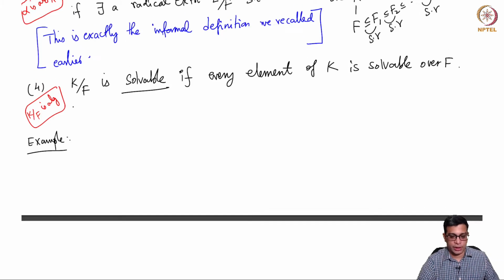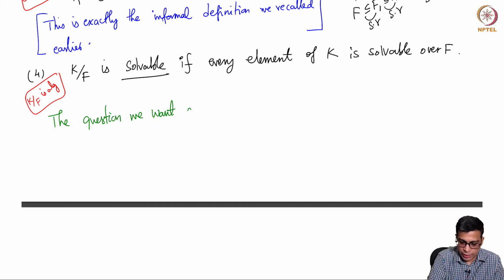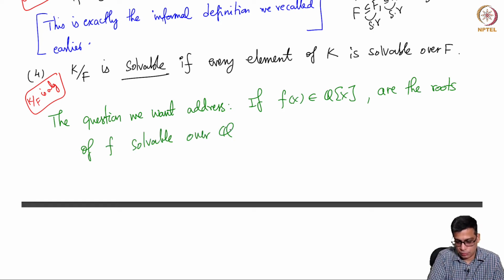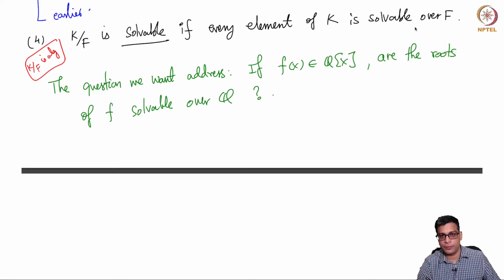In the new language, the question we want to address is the following: if f is a polynomial with rational coefficients, are the roots of f solvable over Q? This is a question that Galois solved, and he showed that for a degree 5 polynomial you cannot do this.